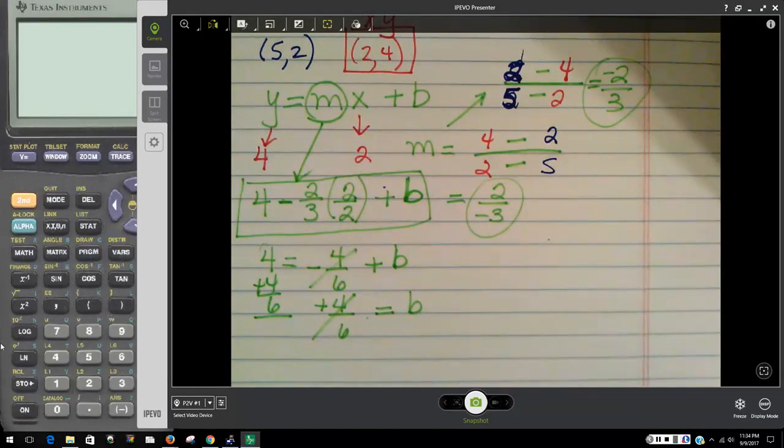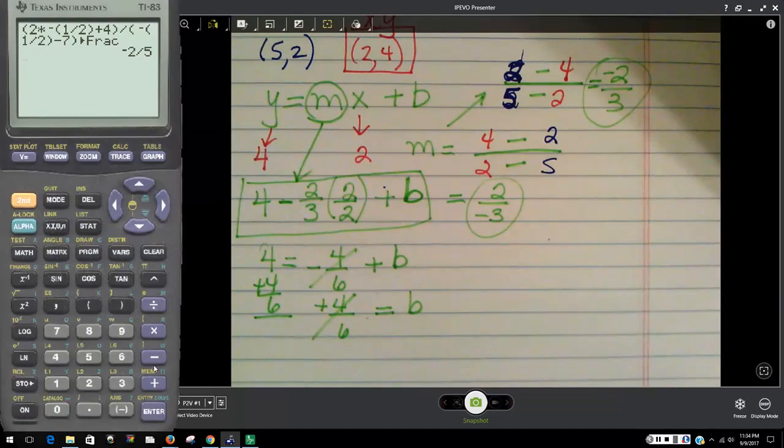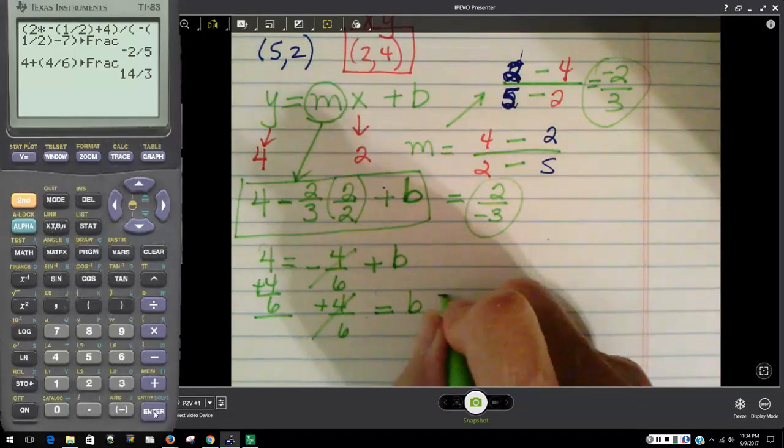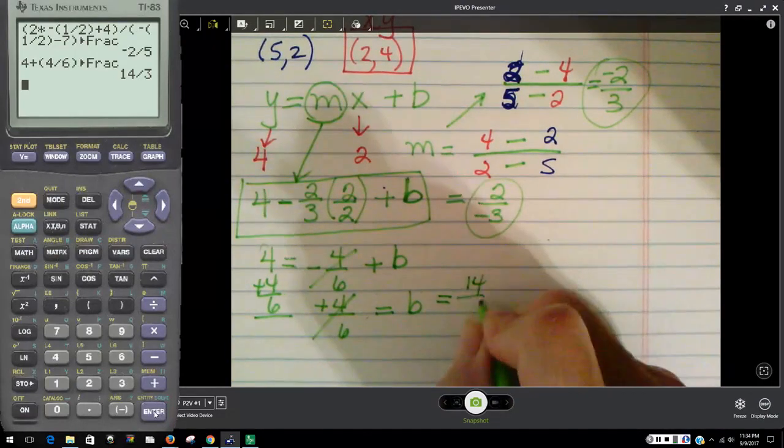And I will use my calculator and say 4 plus the fraction 4 divided by 6, close parentheses, math, fraction, and get 14 over 3. That means then that b is 14 over 3.